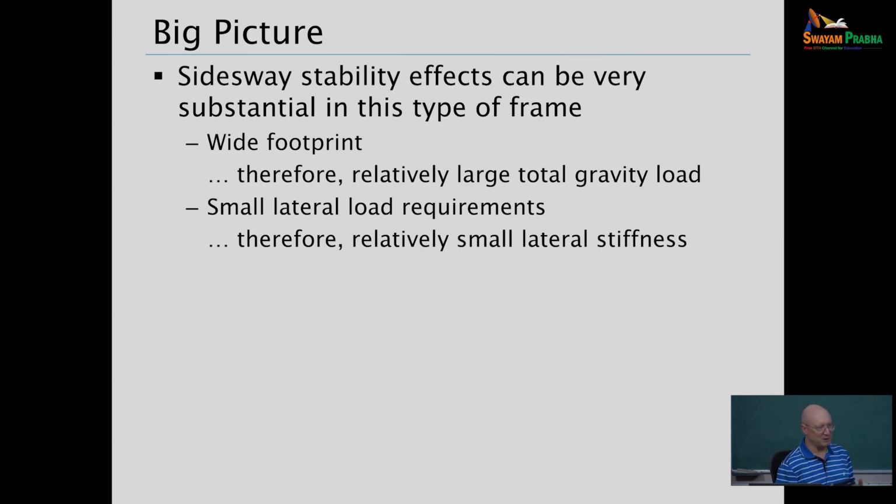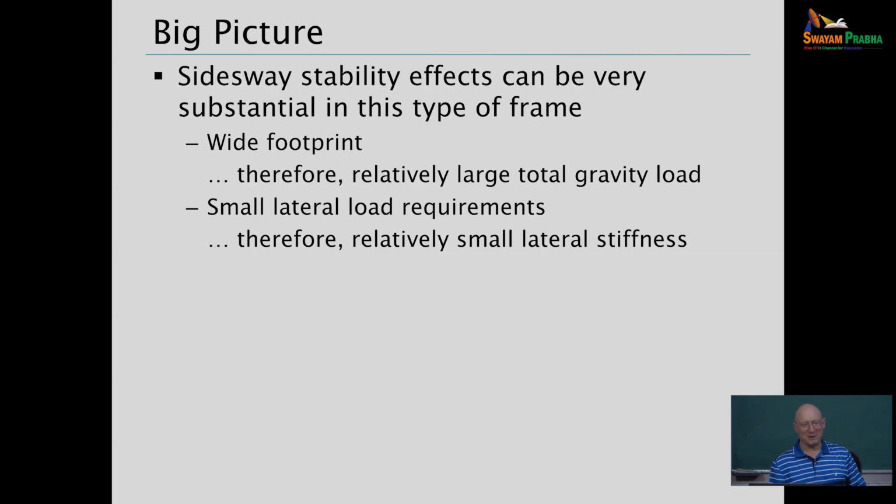And you get P delta effects, not like what we're seeing here. In a structure like this, there's very little wall area there on the end of the building to catch wind. You're not getting big wind loads on the overall structure, relatively speaking. The structure tends to be relatively light, so seismic is relatively small.